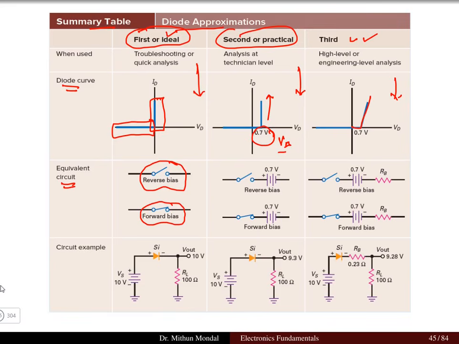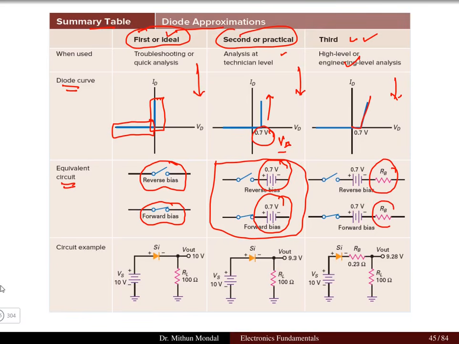If we take the practical condition, the same switch behavior is there, but we have to add the barrier potential of 0.7 volt or 0.3 volt depending upon the material. In the high level engineering analysis, we can also add the bulk resistance of the diode to actually calculate the current flowing in the diode. Let us take one circuit example.